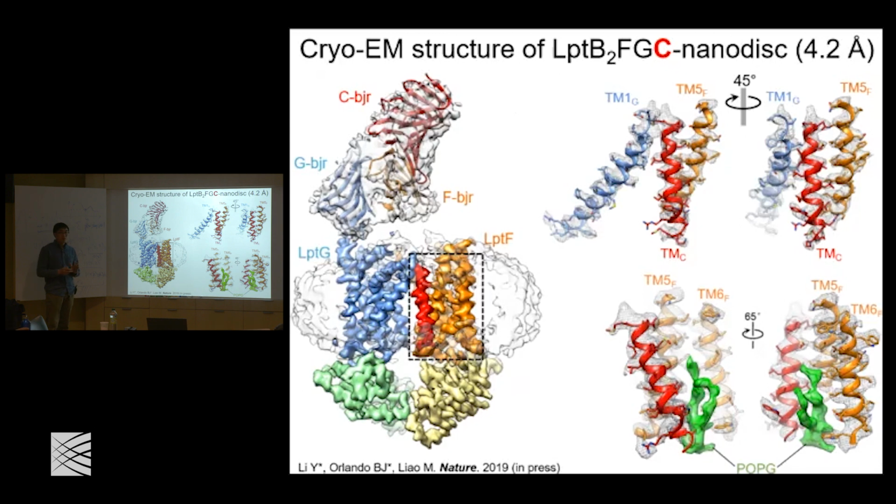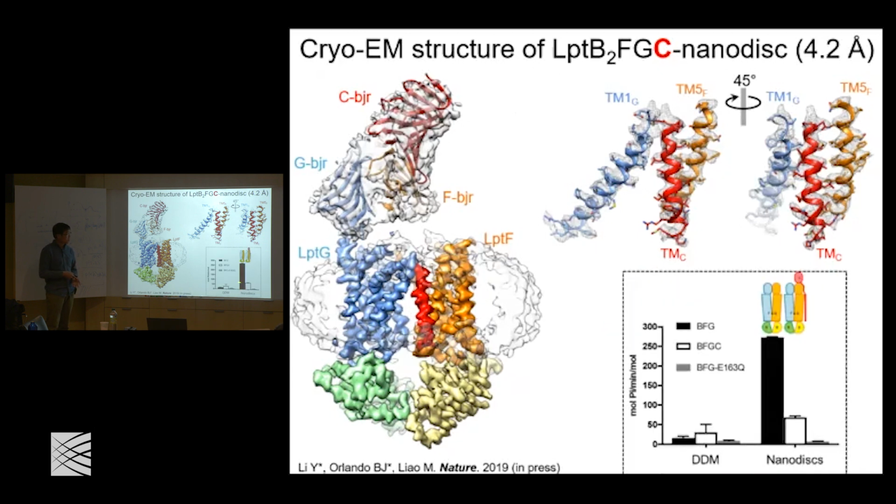This surprising positioning immediately implicated one potential mechanism of the observed inhibition of ATPase activity in our ATPase assay. We all know that when ATP binds here, it needs to induce conformational change of both the NBD and the transmembrane domain. So this helix here is probably restricting the conformational change, and that limits the ATPase activity.